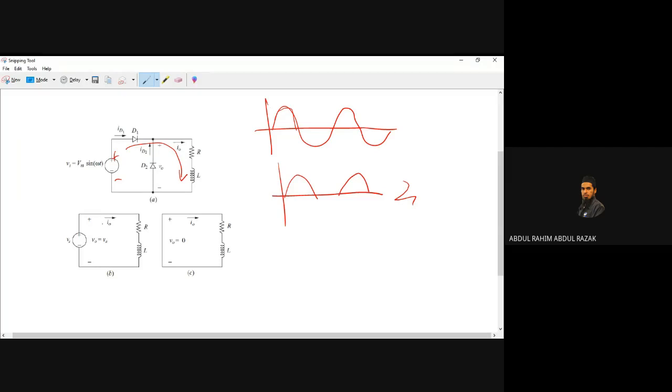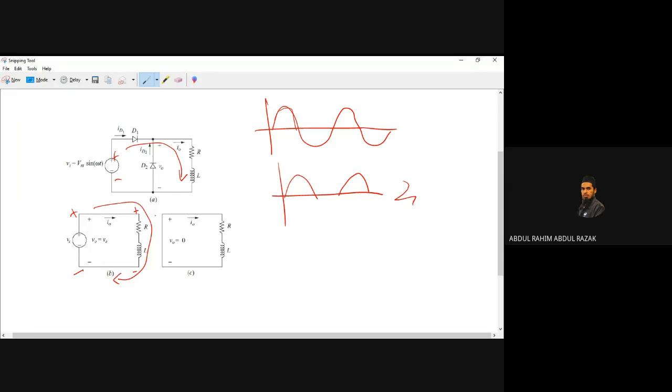So this is the first cycle of current flow when we have the source applied to the load. So V out is equal to V source. V out measured here, the positive and negative of V out is the same as the positive and negative of your source.